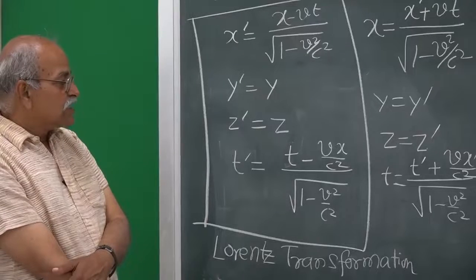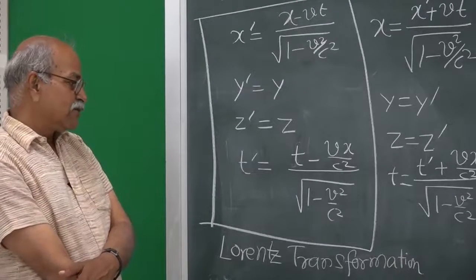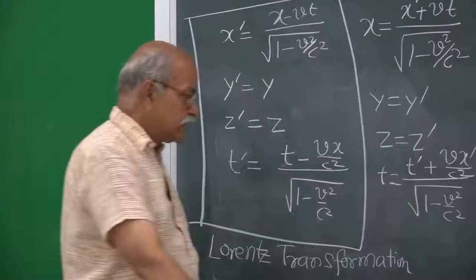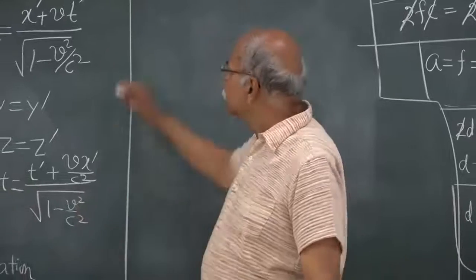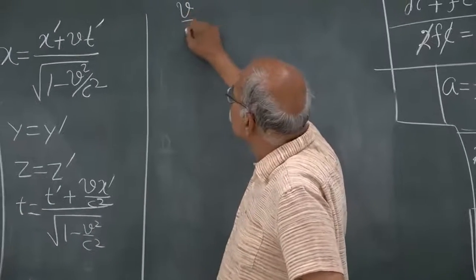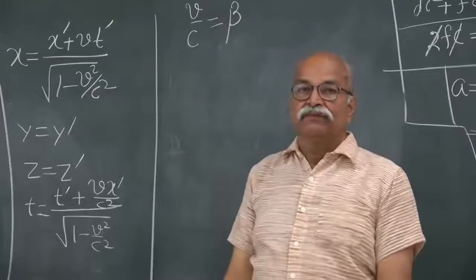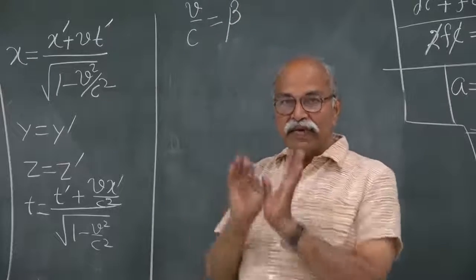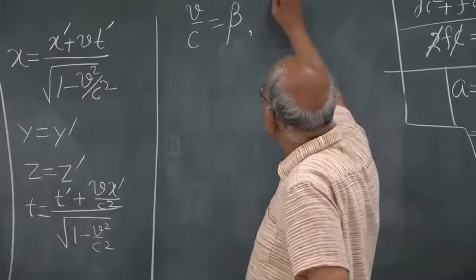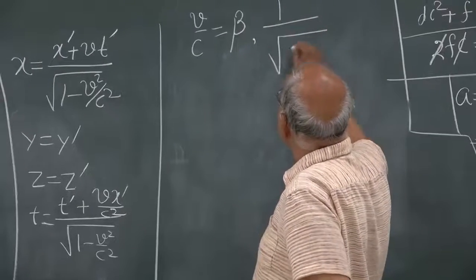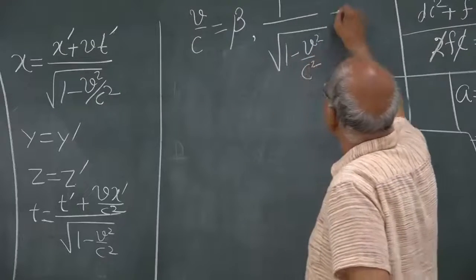Now, there are some symbols frequently used. Two symbols I will introduce, and I will also be using them often. One is v by c, which is written as beta. Many times v by c is written as beta, and 1 by square root of 1 minus v square by c square, this factor, is written as gamma.